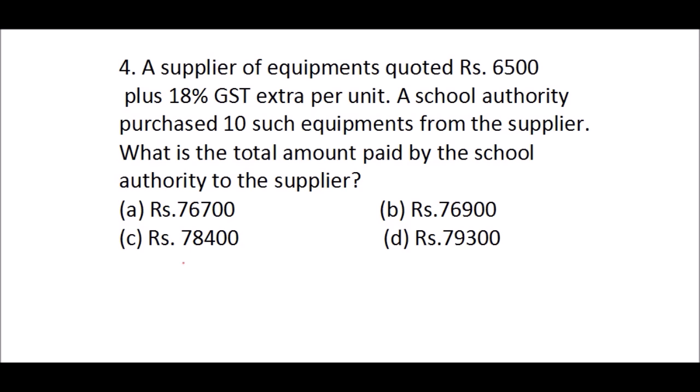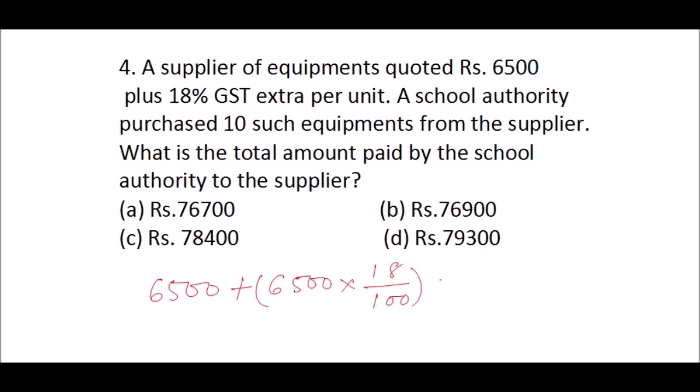Therefore, you find the total cost of the equipment per unit. The total cost of the equipment is 6,500 plus 18% GST. Therefore, you have to find 6,500 and 18% of GST. This is the tax.